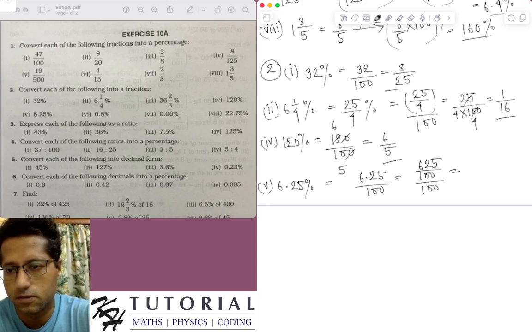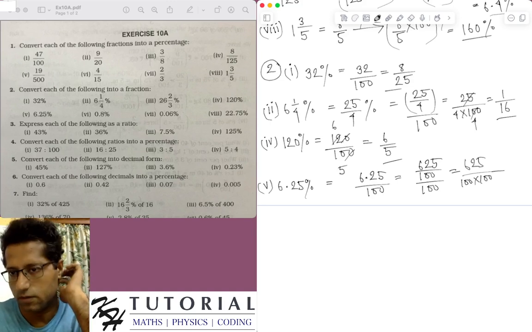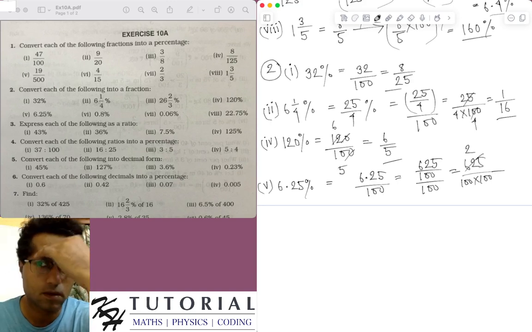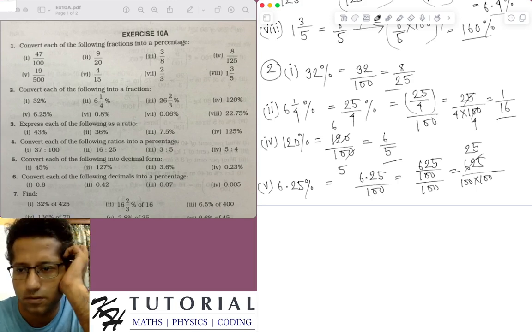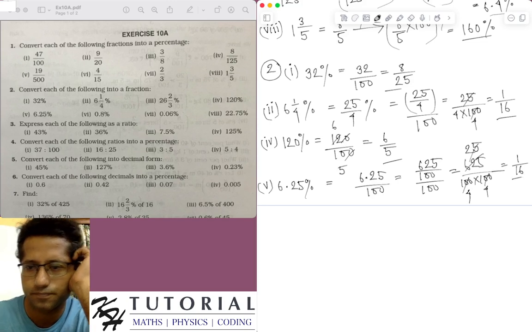So this becomes 625 divided by 100 into 100. Now 25 divides 625 with 25, and 25 divides 100 with 4, and this is again 4. So this is 1 by 16.